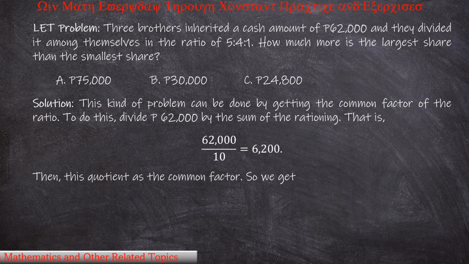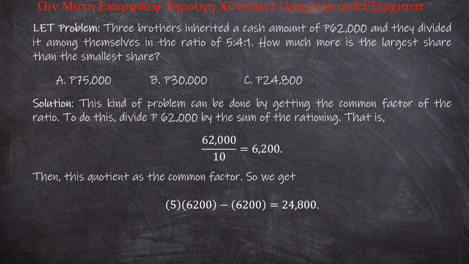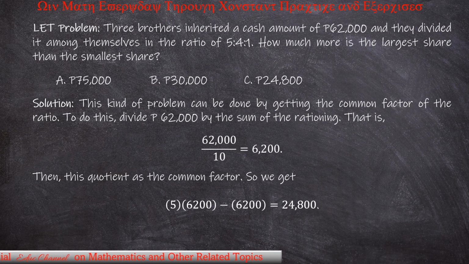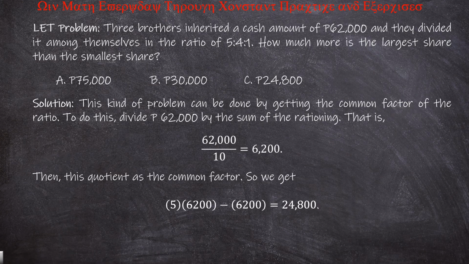So 6,200 becomes the common factor of the ratio. Then using this common factor, we get 5, the highest of the ratio, 5 times 6,200 minus 6,200, because the smallest share is only 1 share. So 1 times 6,200 is just equal to 6,200. So the difference is 24,800. So the answer is letter C.